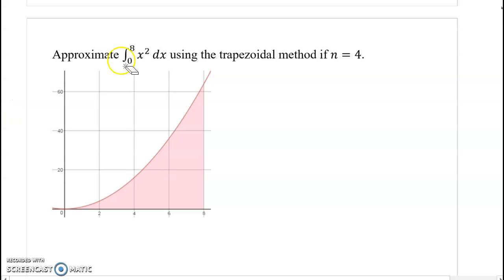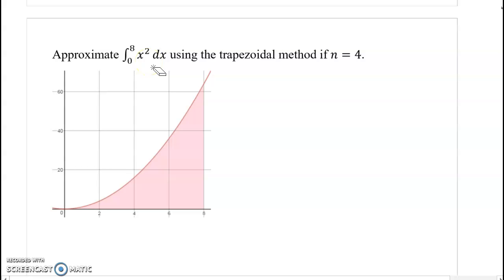So when I say approximate the definite integral from 0 to 8 of x squared dx, here's my curve, y equals x squared. We're starting at an x value of 0, we're ending at an x value of 8, so those are our horizontal bounds of our pink area, and it's the area under the curve. So this picture represents the area that we're looking for, and this definite integral also represents that same value.